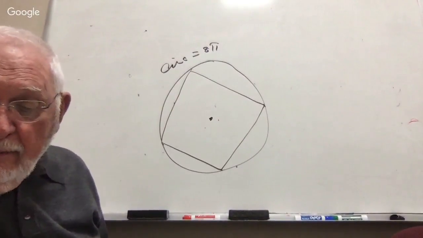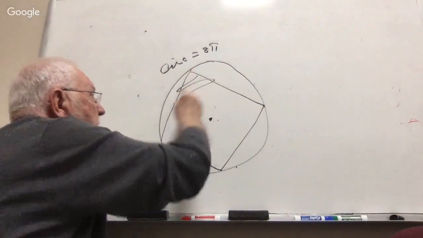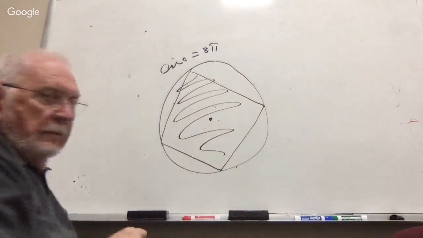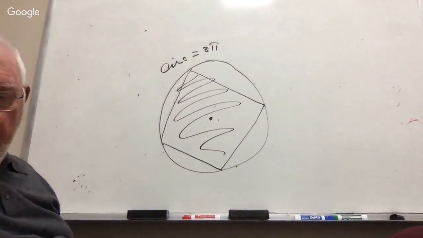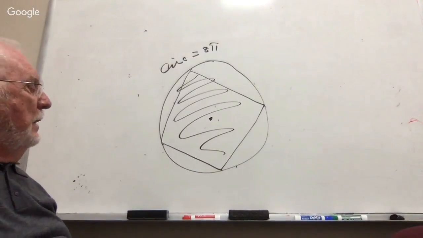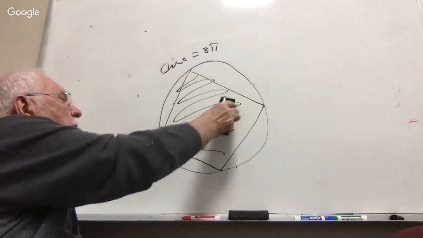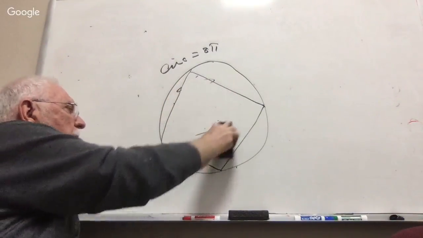Find the area of the square. Find the area of this thing. Okay. So I'm gonna draw some more in here. I'm gonna erase this mess. Now we know what we're talking about.